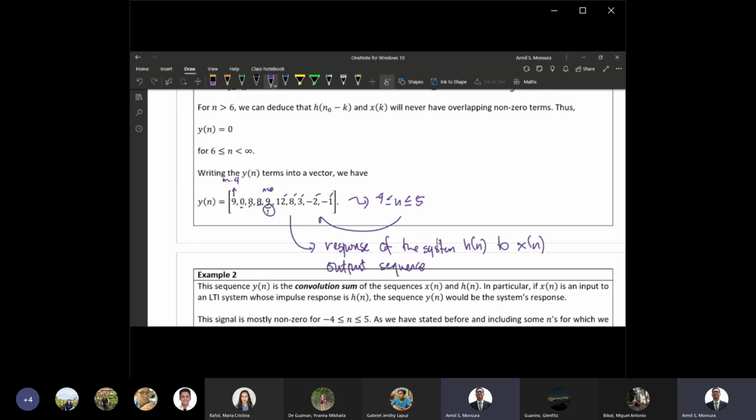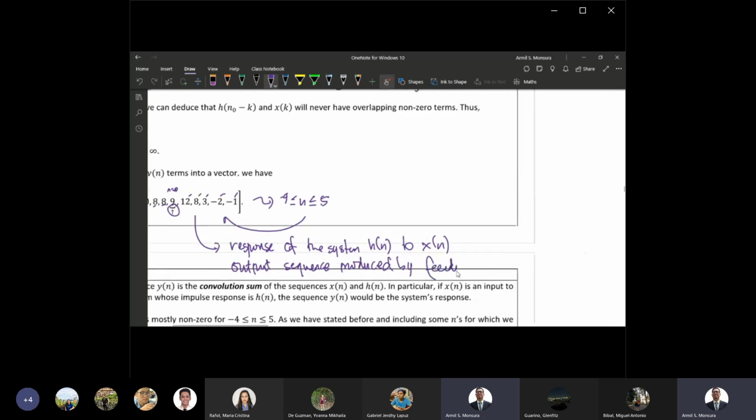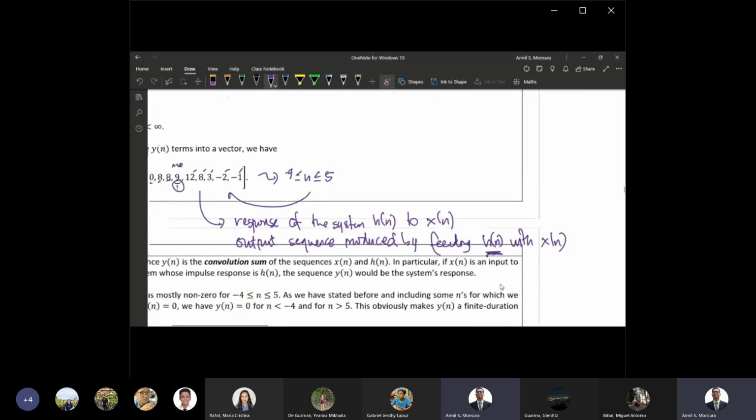Or pwede rin ito yung output sequence produced or generated by feeding h of n with x of n, or feeding your system. Kasi yung h of n tries to describe the system or tries to represent the system. So pag nilagay ko yung h of n dito, it means feeding the system. Okay? Or response of the system h of n. And x of n here is the input signal.